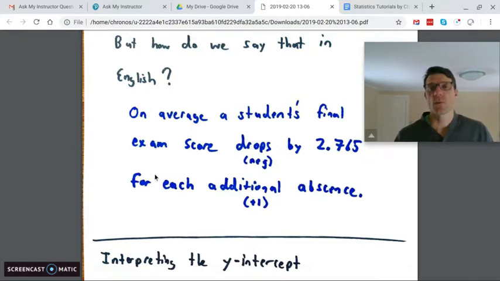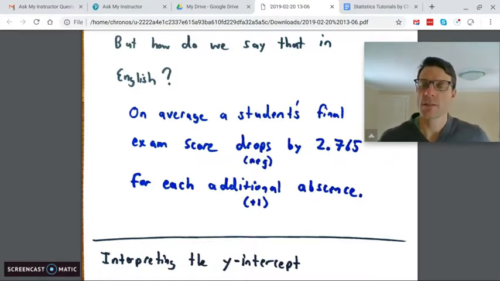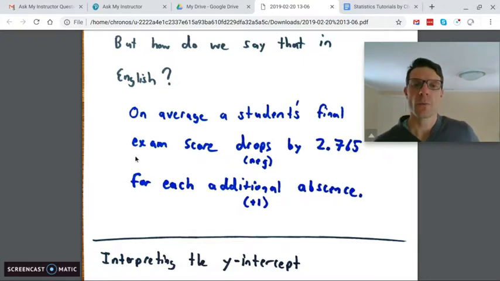On average, right? This is on average because the regression line is just the best fit line for the data points. A lot of times it doesn't go through any of the data points. It doesn't even touch any of them. So it's not like if you pick any two data points, they're going to give you the same rise and run as what we're talking about here.